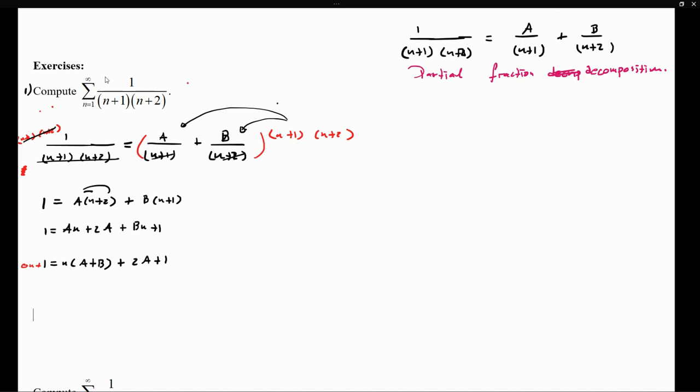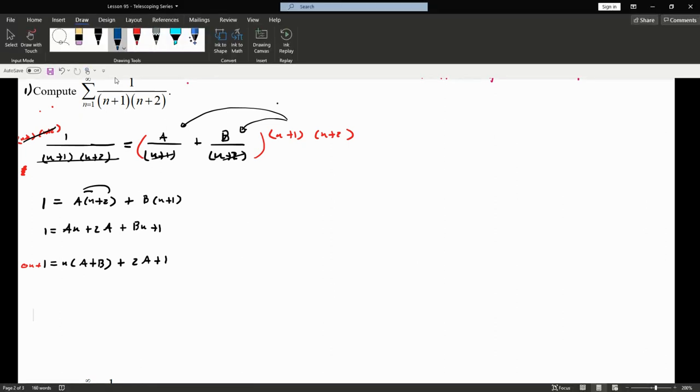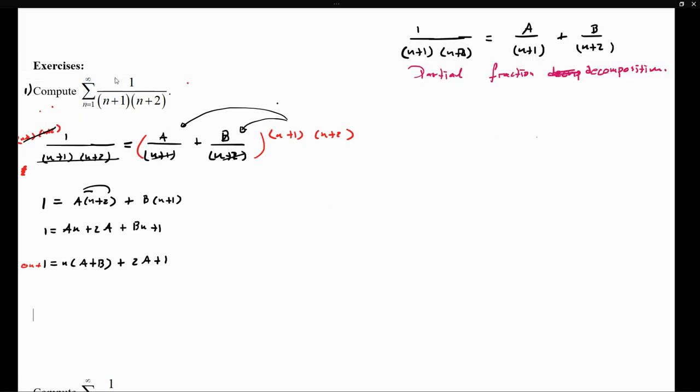Why do I want to write it as 0n? Because here we have the variable n on the left and the right, and I want to make sure they are equivalent to each other. So the coefficient of n on the left-hand side should be equivalent to the coefficient of n on the right-hand side. Therefore, a plus b should be equivalent to 0.